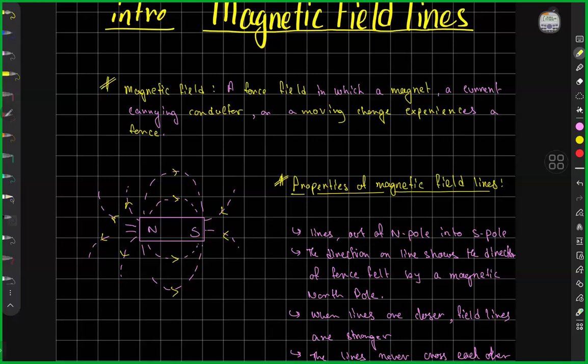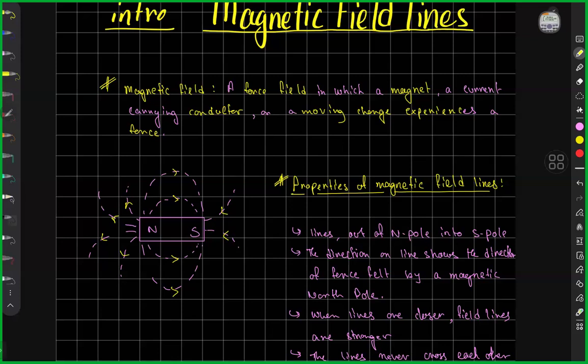Because the charges inside the conductor are moving, the electrons are moving. What if I bring in simply a random moving charge? So not a conductor or anything, but I'm just shooting a charge. You'll see this in spectrometers and all that. Even in this chapter, I will cover it. So will you see the charge feeling a force? Will it feel a force in any direction? Yes, it will.